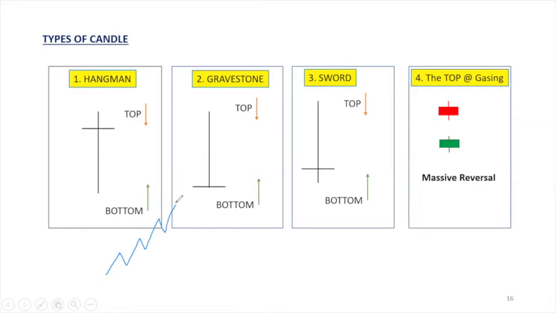Suddenly this formation appears, and a lot of people think, oh, hangman is created. The doctor said that when the price is going uptrend, the price is going to come down. Obviously, yes, but you need to know more.